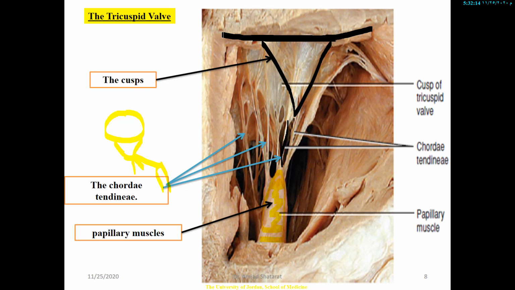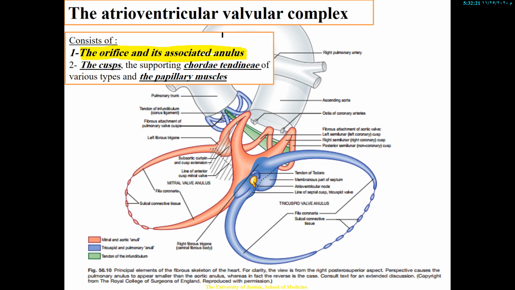So we have at least two major components for any given valve. That is the fibrous annulus associated with the orifice, and the valve that guards this orifice, which is made up of cusps, chordae tendineae and papillary muscles.